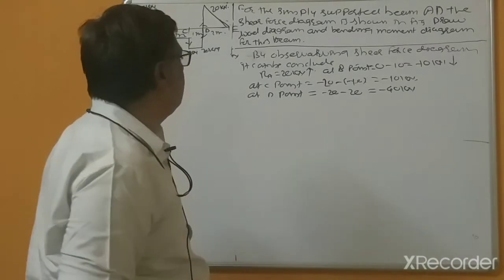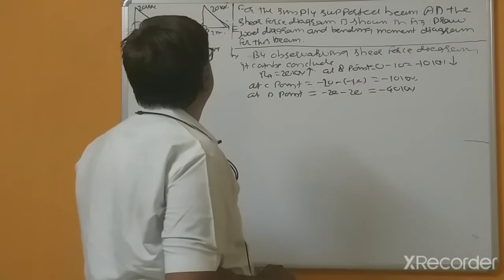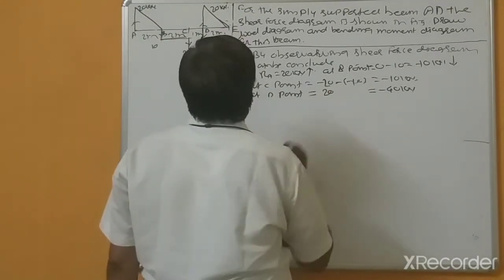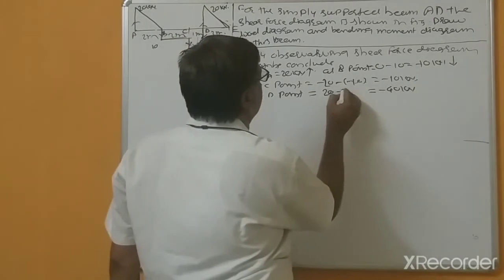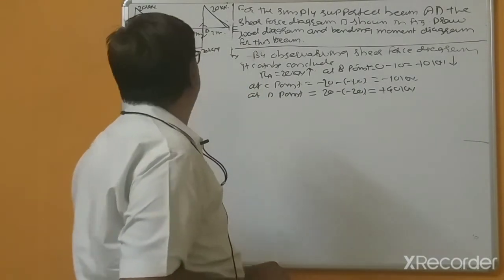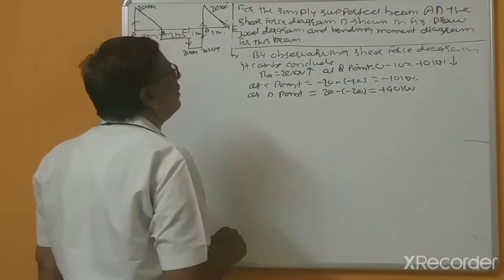This is upward, so that's why actually this is plus 20 minus 20. So that's why this is 40, because this is downward force, plus 40.